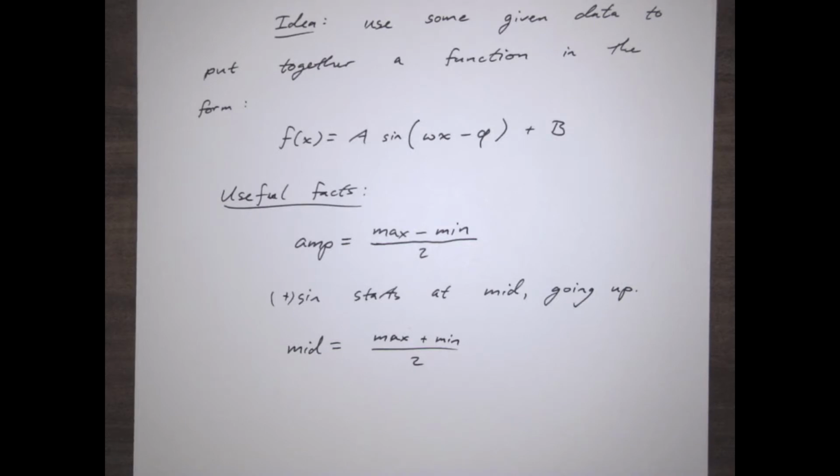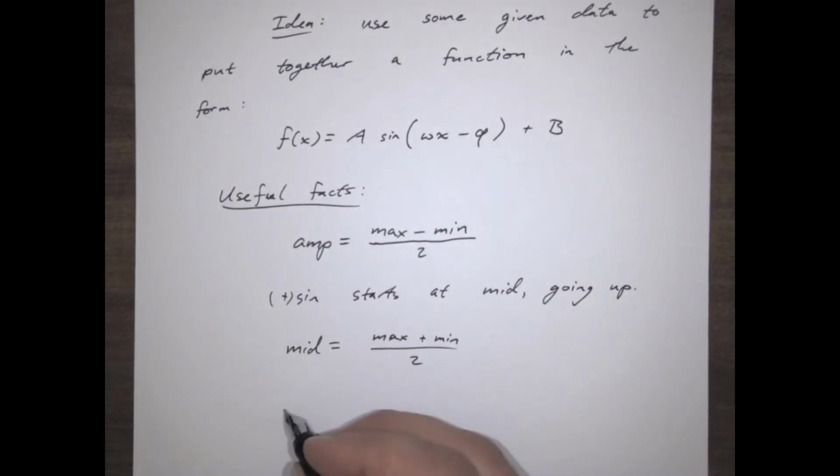Okay, I guess this will pretty much have to do it for now. Oh, and I guess we should also note that the max happens only once per period, but the midline happens twice per period, once on the way up, once on the way down.